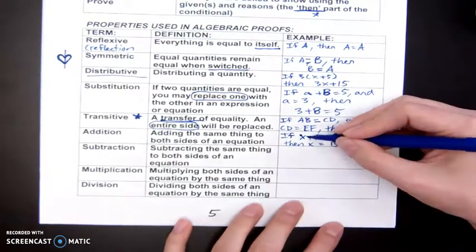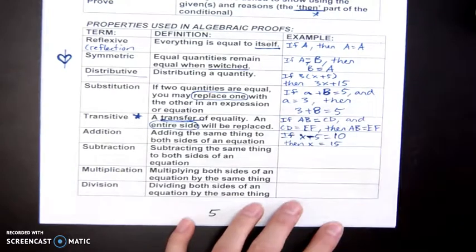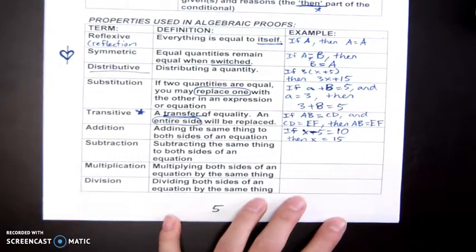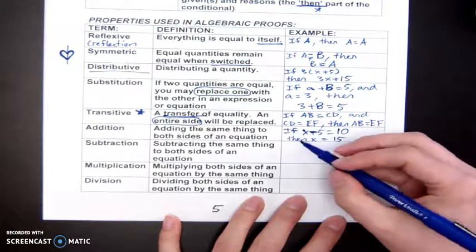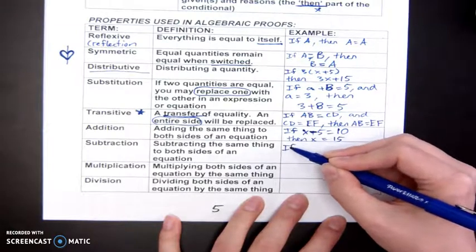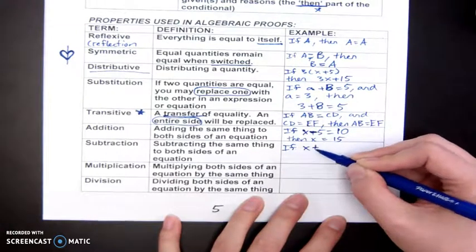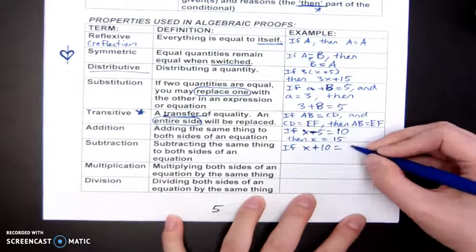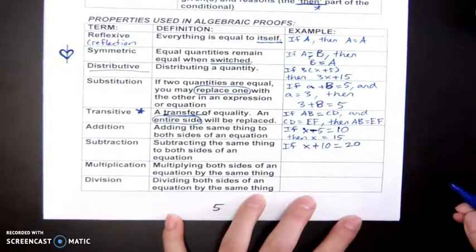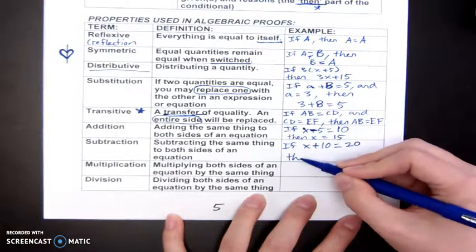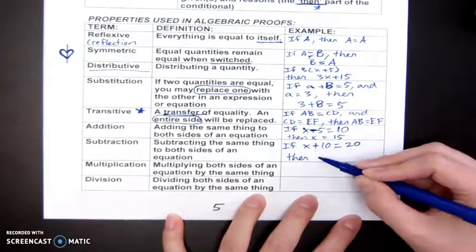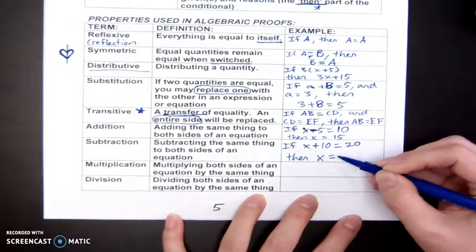I add 5 to both sides to get x equals 15. Subtract. If I have x plus 10 equals 20, then I subtract 10 from both sides to get x equals 10.